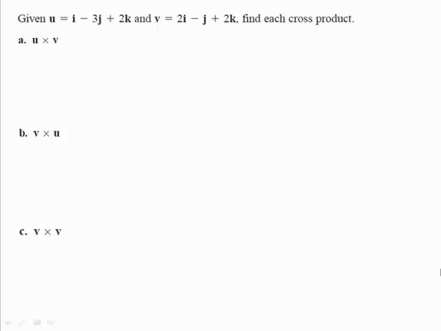Given U is equal to I minus 3J plus 2K and V is equal to 2I minus J plus 2K, find each cross product.